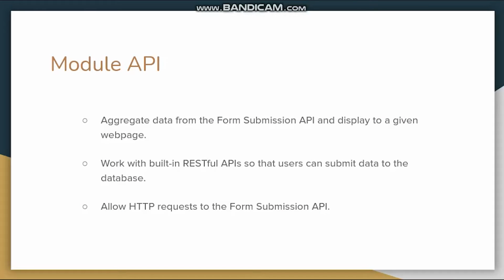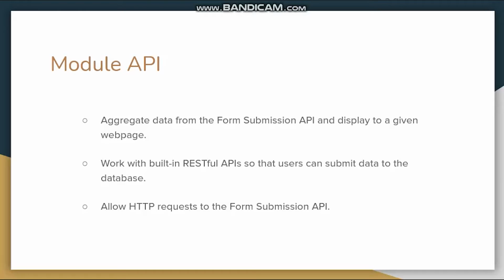Hello, my name is Ethan Newman with Team Clayton Homes. I was in charge of the API projects, and today I'm going to explain the Module API. The Module API works as an in-between of the System API and the actual Forms web pages. The Module API takes in data from a RESTful web API and transmits that data to the System API to submit data to the database.